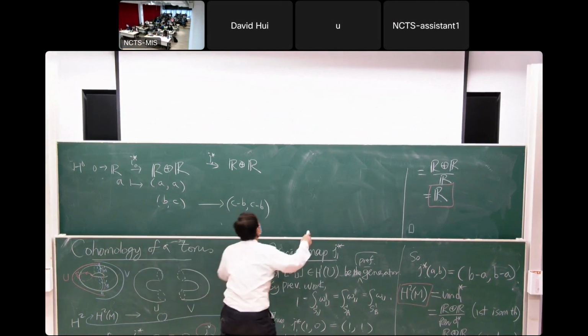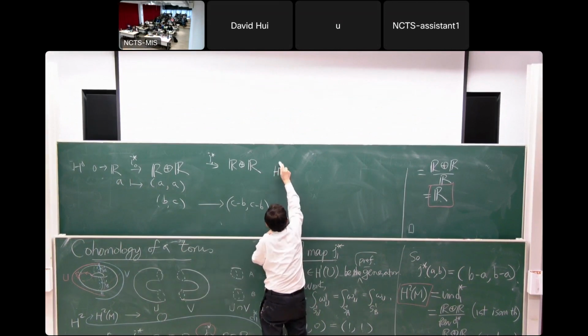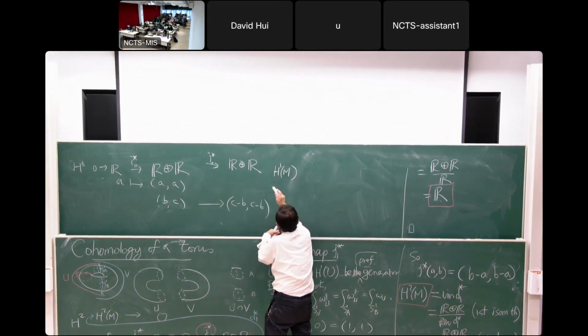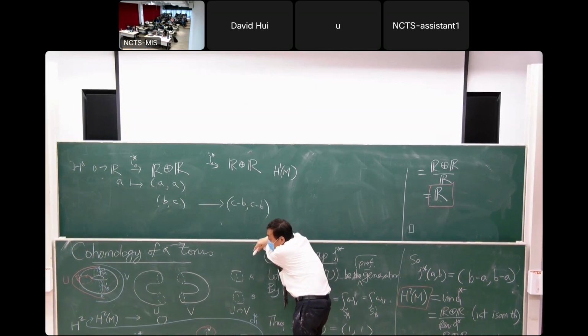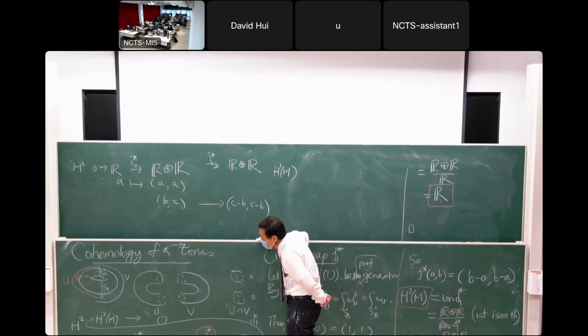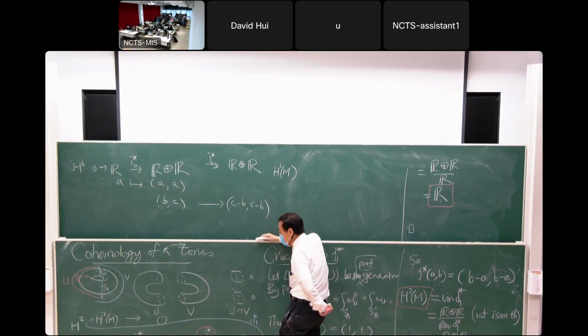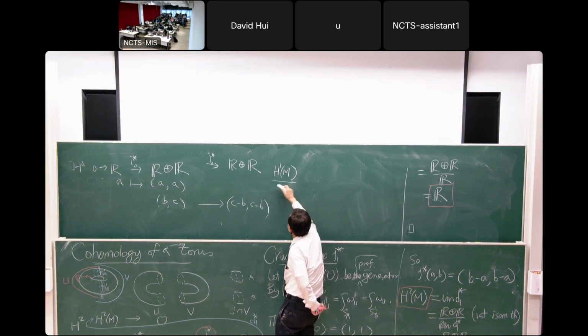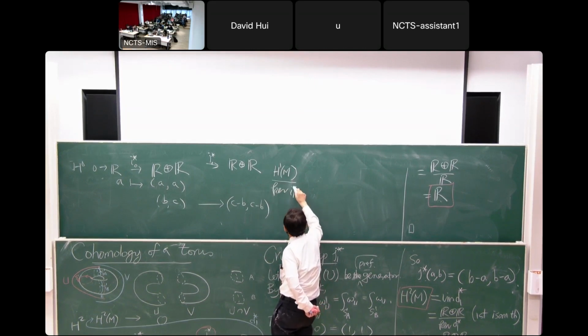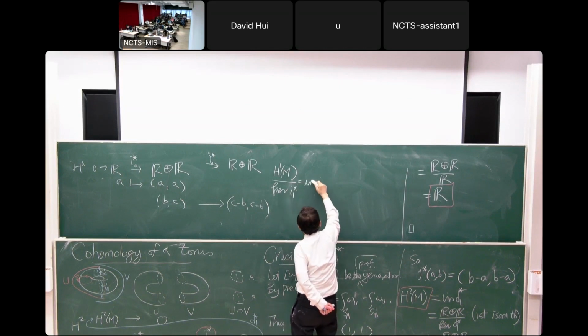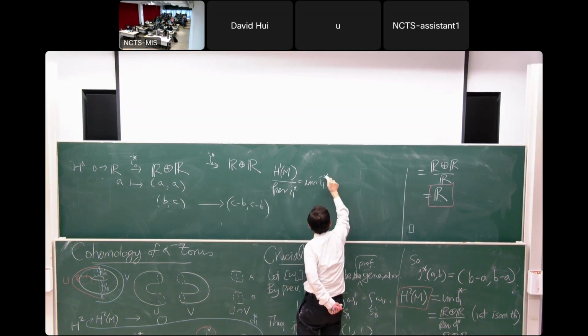So H1 of M over the kernel of I1 star is the image of I1 star.